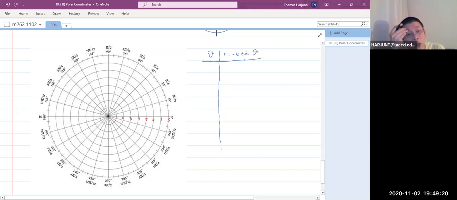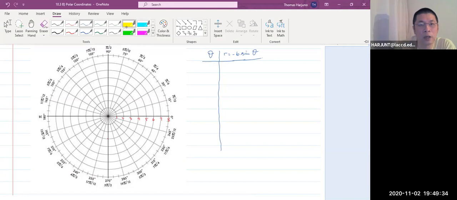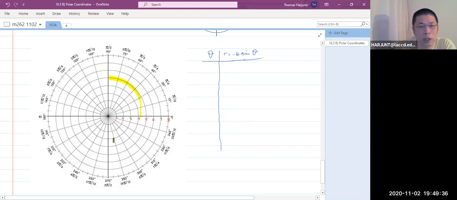Because this function depends on sine theta only, the graph will be symmetric with respect to the y-axis. So you find the graph in quadrant 1 and quadrant 4, because whatever you get here, you copy and paste to that side.